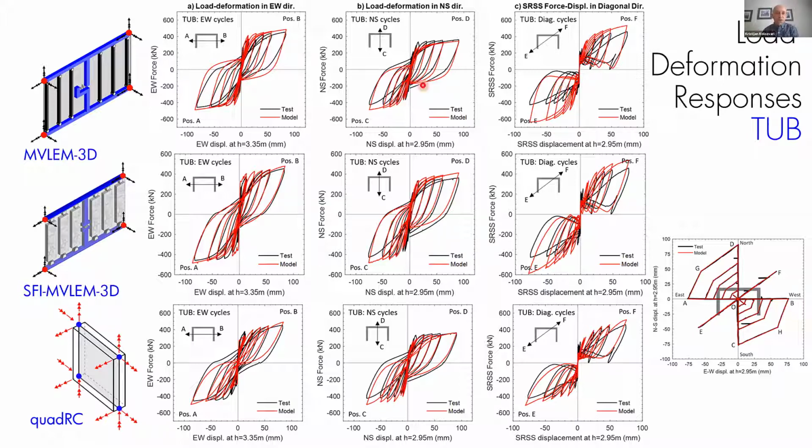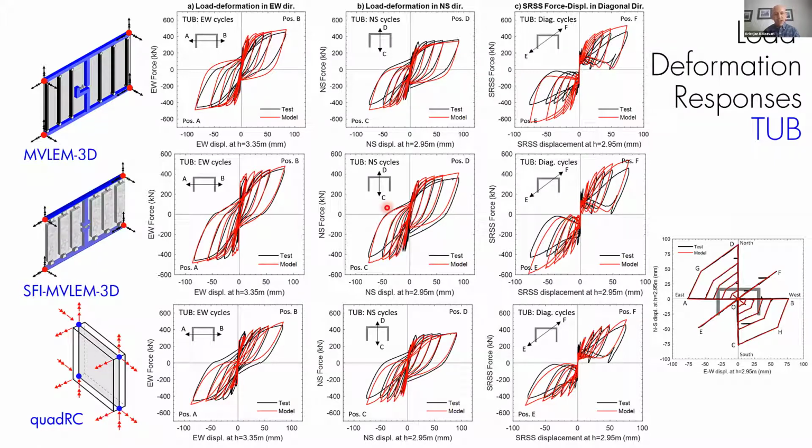From a big picture, I would say they're all kind of doing okay, especially when I'm talking about the loading in east-west or north-south direction. That is when we're in the principal direction of this cross-section, right? There's not much difference looking at the load deformation relationship.